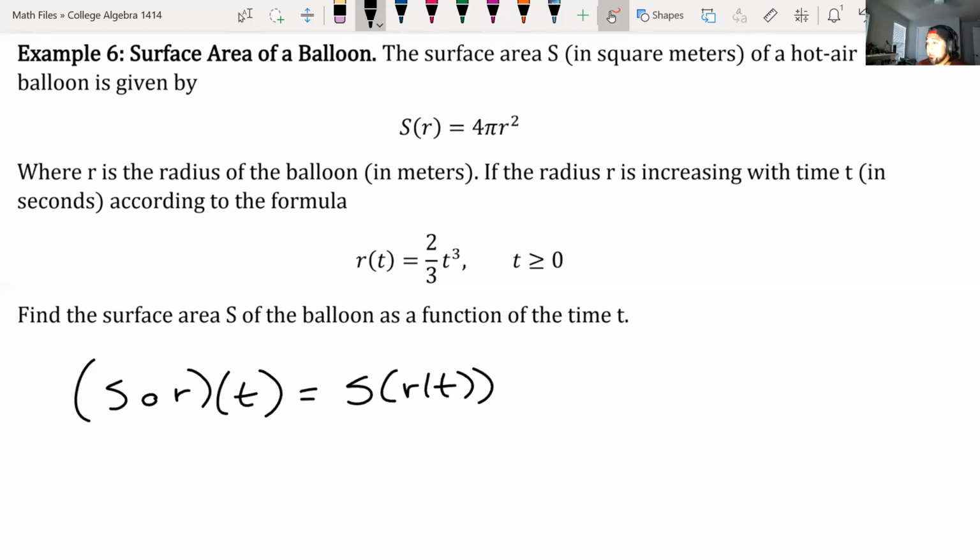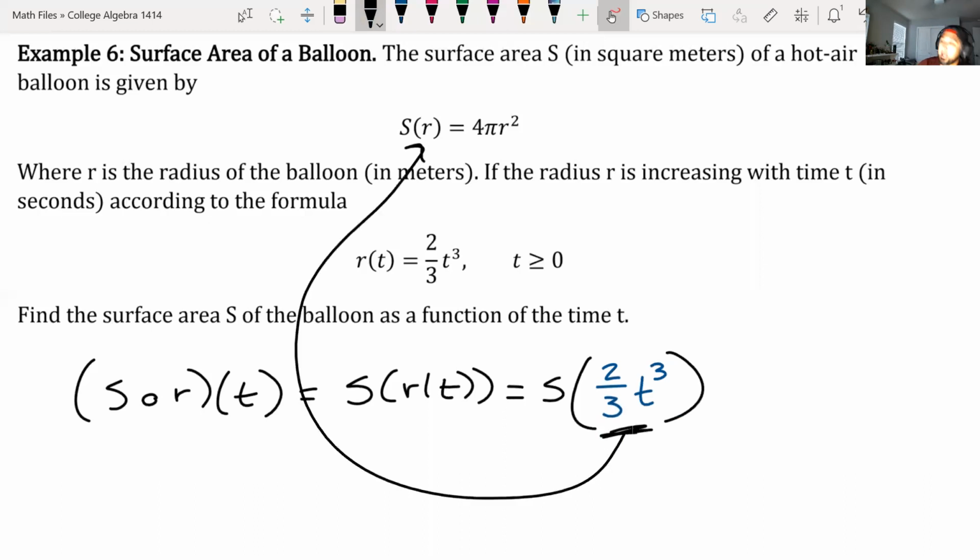Well, this becomes S of R of t. And do we have a formula for R of t? 2/3 t cubed. There you go. So that becomes S of 2/3 t cubed. And now we take all of this and plug it into function S for r.